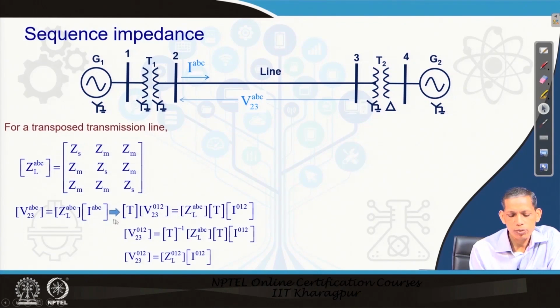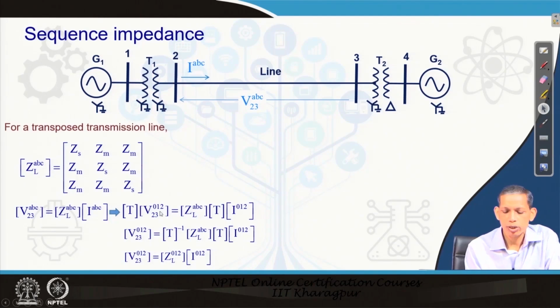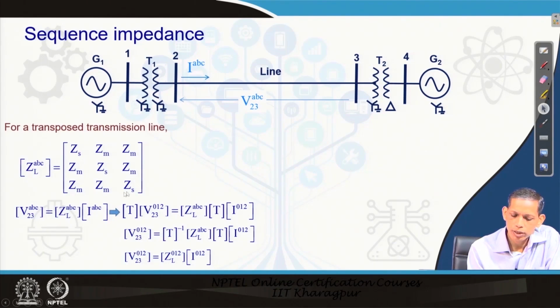Now, we know that the ABC components of the voltage can be expressed in terms of T into the sequence components 0, 1, 2 of that voltage. So we can write T V 0,1,2 on the left, and on the right-hand side Z L ABC into T into I 0,1,2, since I ABC can be written in terms of the sequence components of the current by multiplying with the T matrix as we have learned.